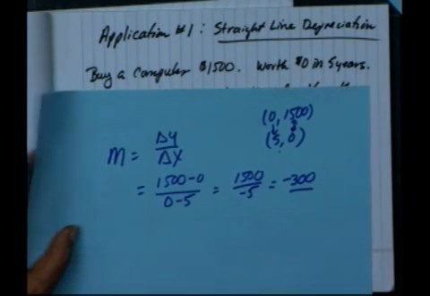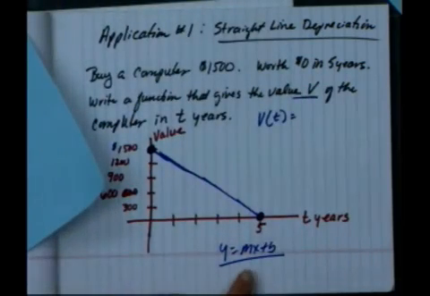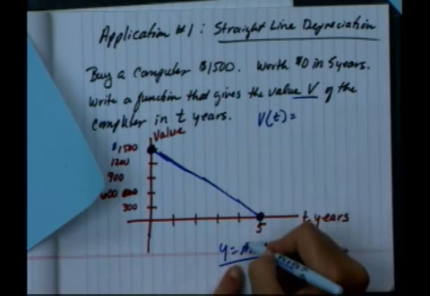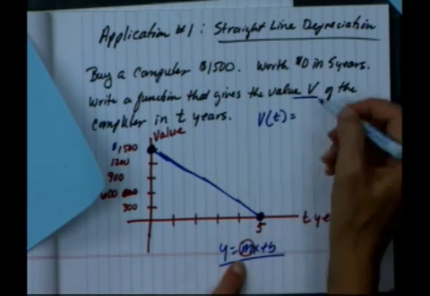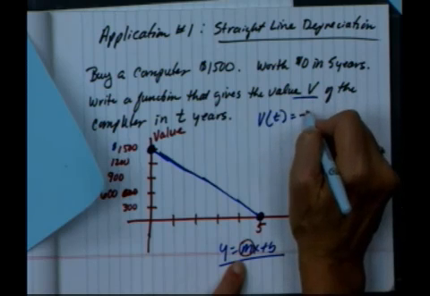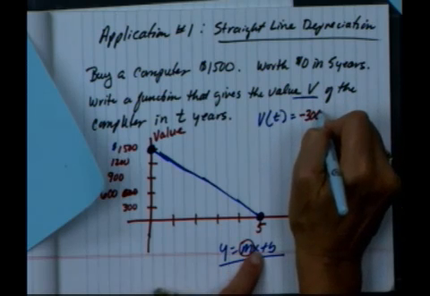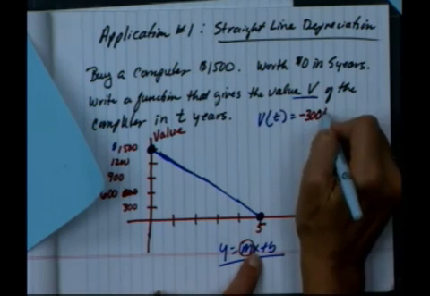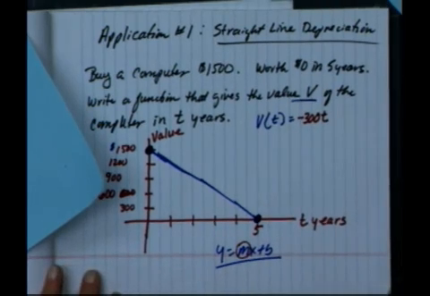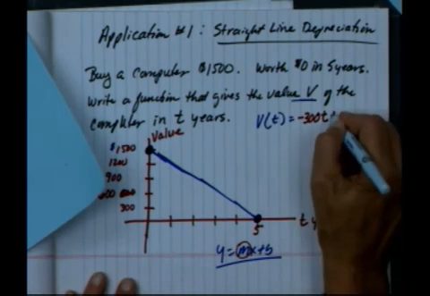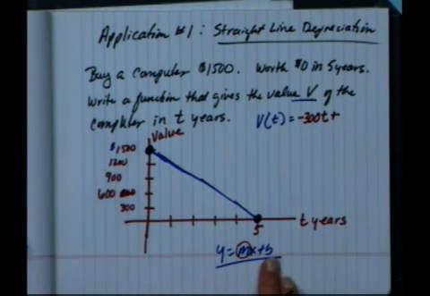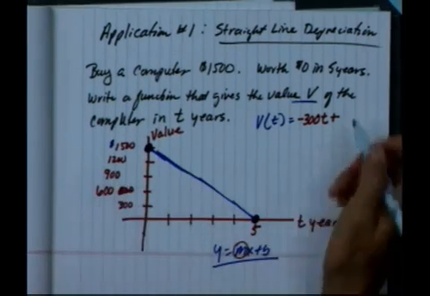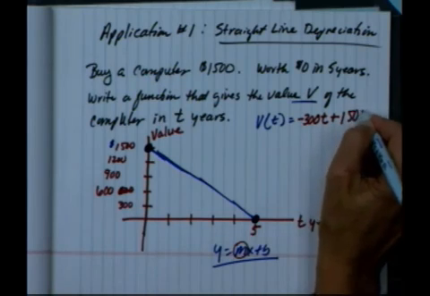Okay, all right, so we've got part of our function written. It's got to be V of t equals the slope. Well, our slope is negative 300. Instead of x's, we're using t's. Okay, and now I got to get the plus b part. And b is your y-intercept, so that would be 1,500.